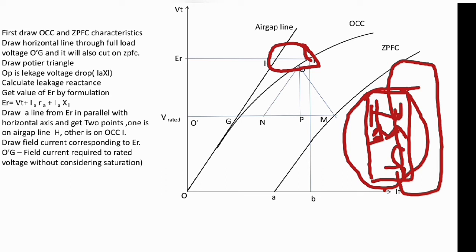That's why it increases some MMF to continue the flux rotation. This MMF is called the iron MMF. That's why the OCC is in curve form. This is another topic we will discuss.